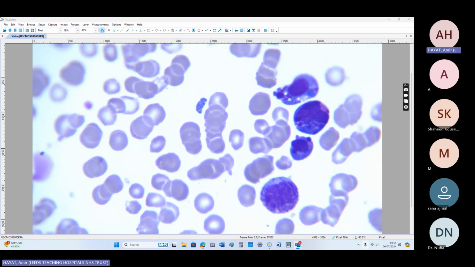If they are not fit for both of them, then we have a less intensive regimen. If they are not fit for that, then you can give more less intensive therapy. But this Burkitt lymphoma responds to chemotherapy very quickly. The mass usually reduces very quickly.